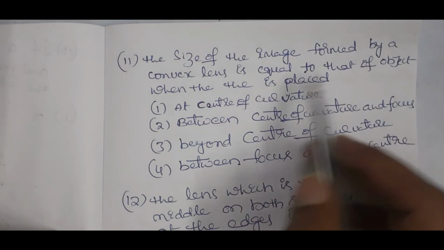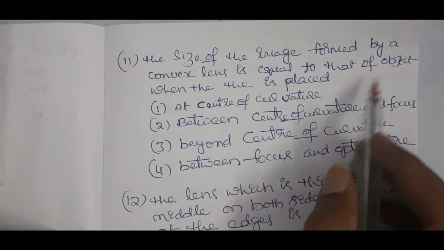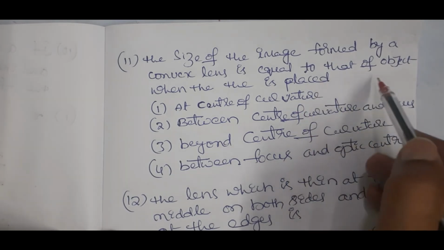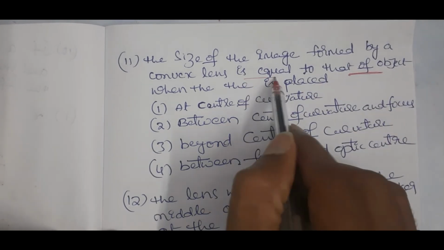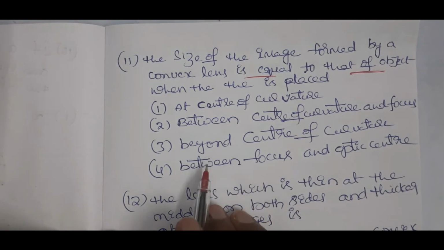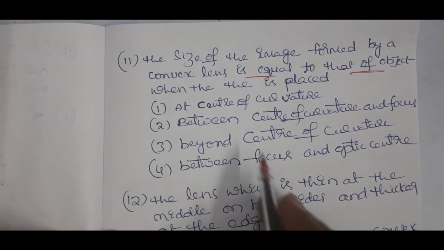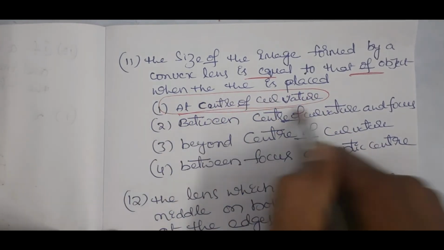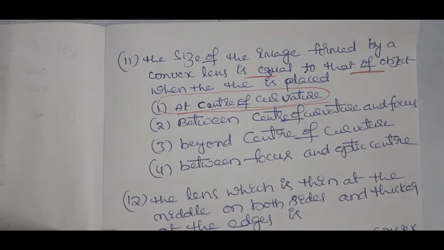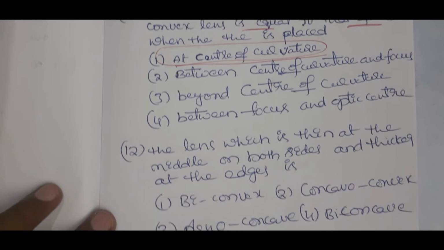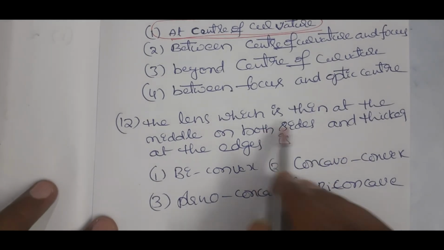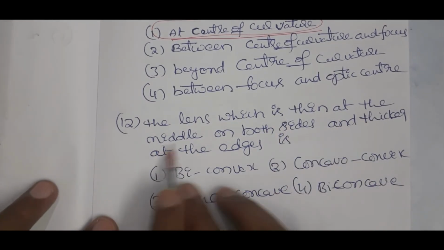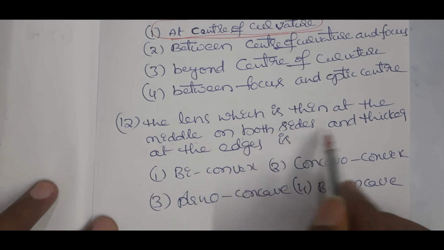Next, question number 11, students. The size of the image formed by a convex lens is equal to the size of the object when the object is placed exactly at the center of curvature. The size of image is equal to size of object. 12th one, students. The lens which is thin at the middle and thicker on both sides.